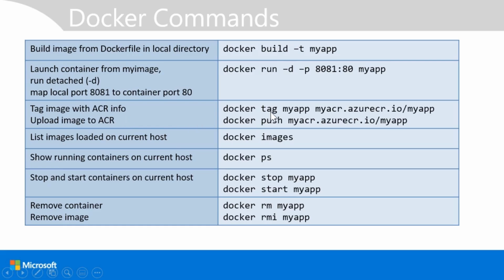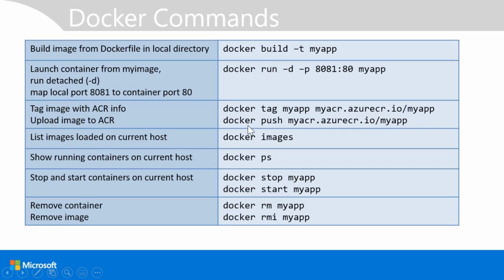One item you need to know about for Docker in using the Azure Container Registry is Docker tag. You must tag an image before you can upload it to your ACR. Here's an example of that: docker tag, then the name of the application you want to tag, and then you tag it with the URL for your Azure Container Registry, and typically the app name.